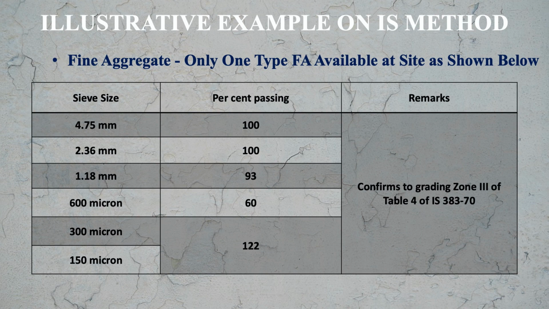For 1.18 mm, percentage passing is 93, for 600 micron sieve it is 60, for 300 micron sieve it is 12%, and for 150 micron sieve it is 2%.